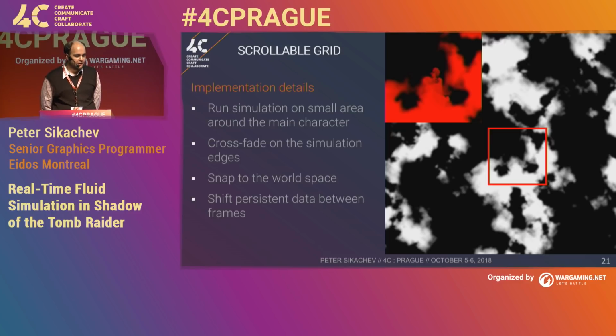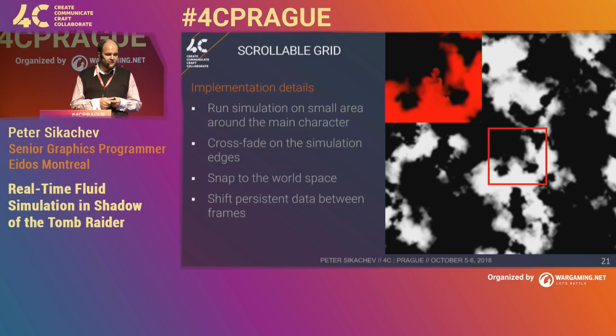And only on this area in red, we run the simulation. We crossfade the simulation on the edges to the static map. We snap the simulation area to the world grid, so we don't have any aliasing or filtering issues.